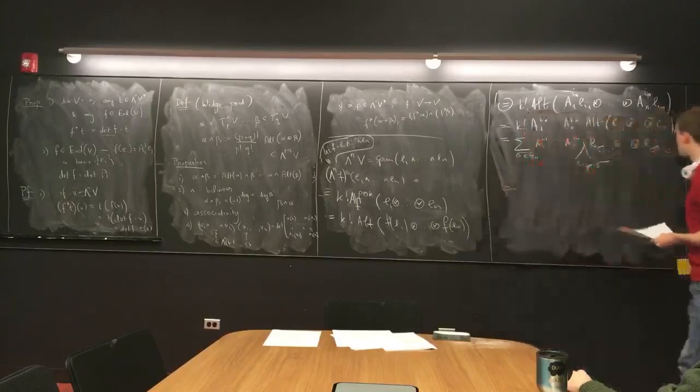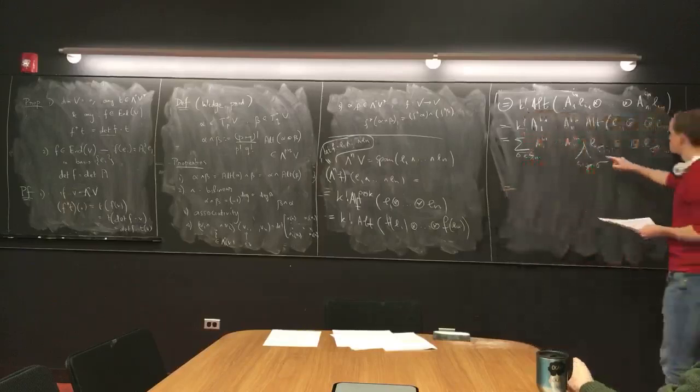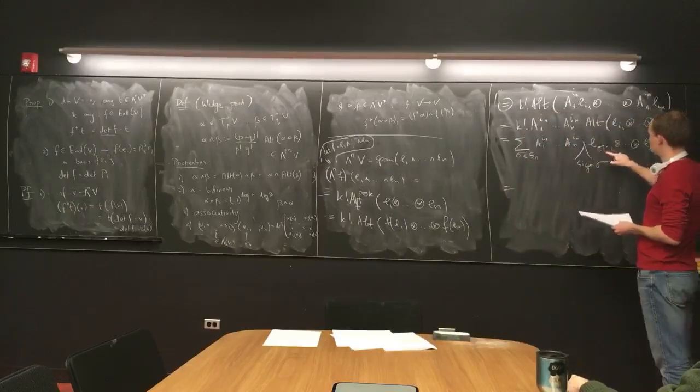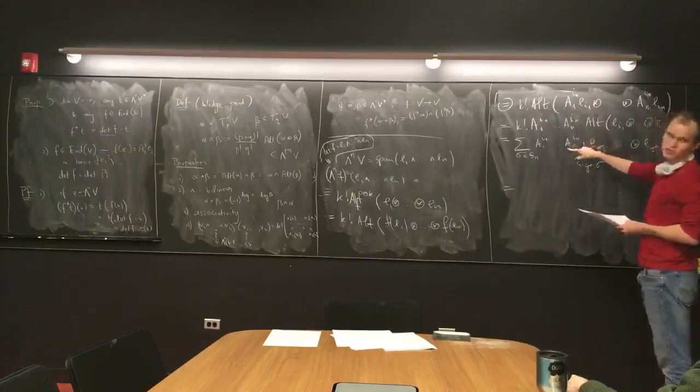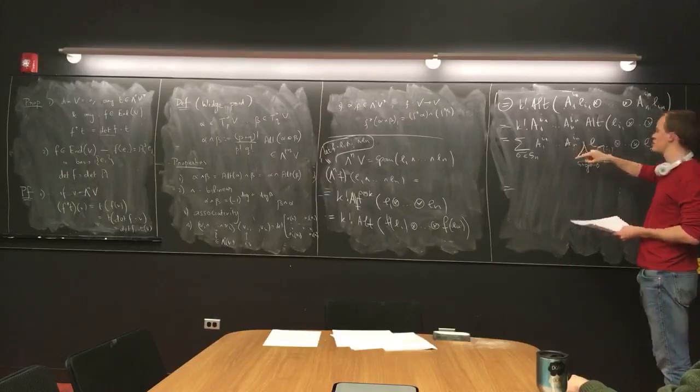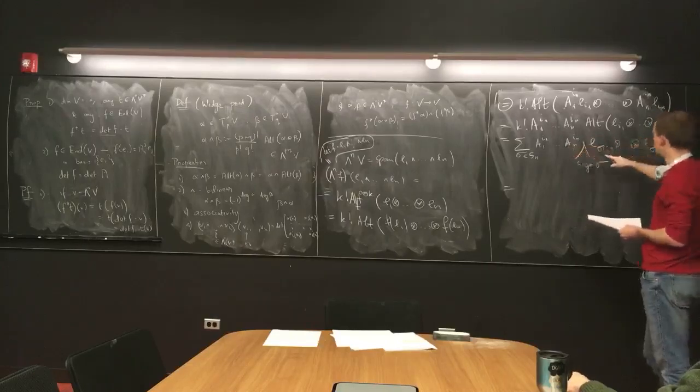Okay, what I want to do now is get rid of the sigma on these e_{in} and move it over to the A, right?